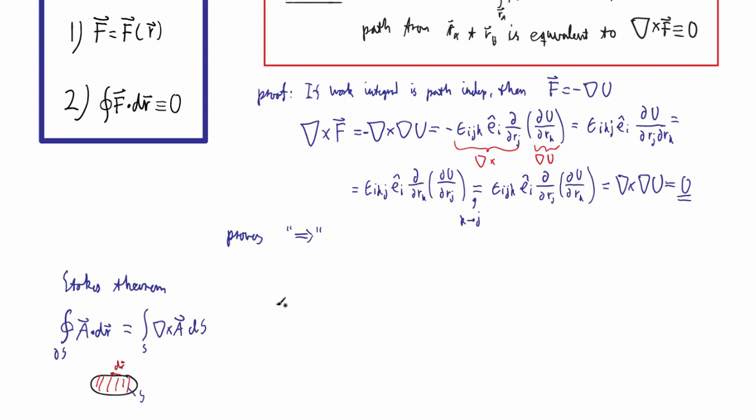So if that's true, that means that if the curl of F is 0 everywhere, then the integral of the curl of F over any surface is going to be equal to the line integral around the circumference of that surface.